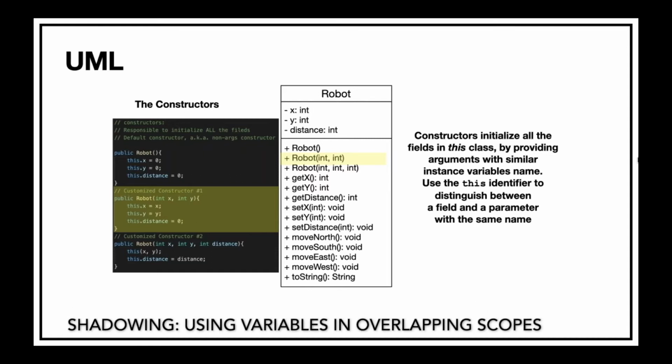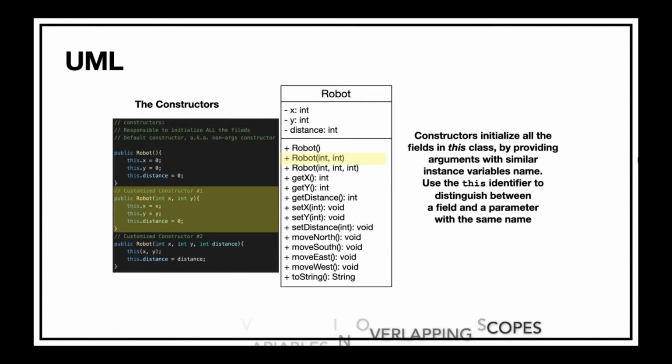For example, in customized constructor number 1, we provide 2 parameters, int x and int y. But notice that we also have the fields x and y. In order to distinguish which one you are referring to, this.x is a field, whereas x is a parameter. This.y is a field, whereas y is a parameter. Notice that we provide a default value of 0 for this.distance because distance is an int.